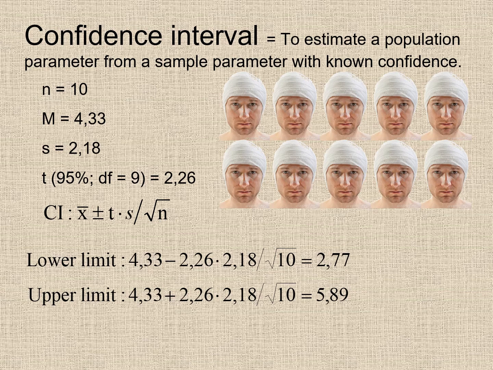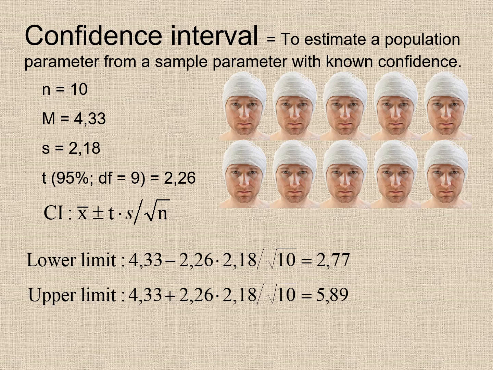And then we do the same, but in the opposite direction. We take our sample mean, 4.3, and we subtract the same amount, 2.26 standard errors. So if we take 4.33 minus 2.26 standard errors, we get the value of 2.77, 2.8.